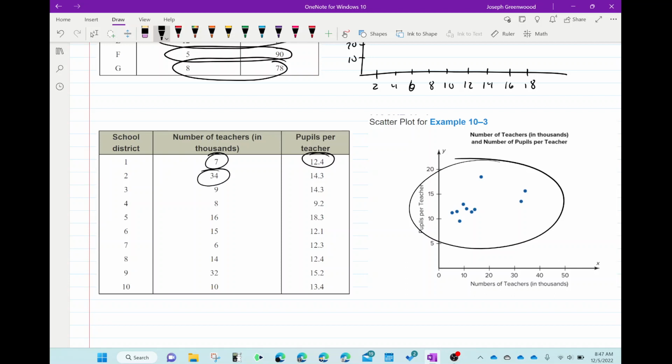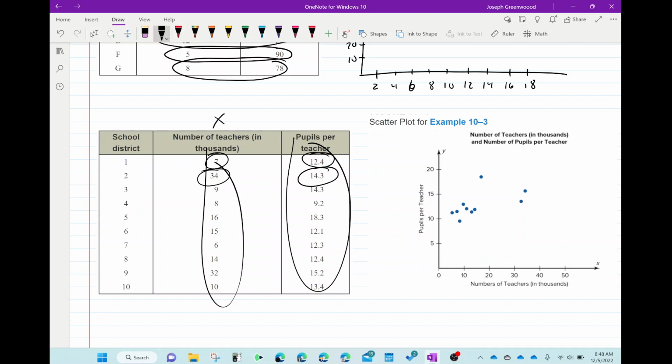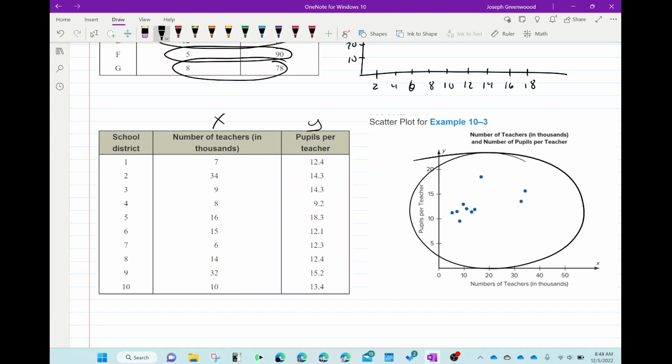This school district had 34,000 teachers, and they averaged 14.3. So we went down and we plotted all of the coordinate points, comparing our x and y variables here. And this is the chart that we came up with. Well, taking a look at that, no observable pattern there. So what we would say is that there's no observable relationship, or there's no correlation between the two variables.